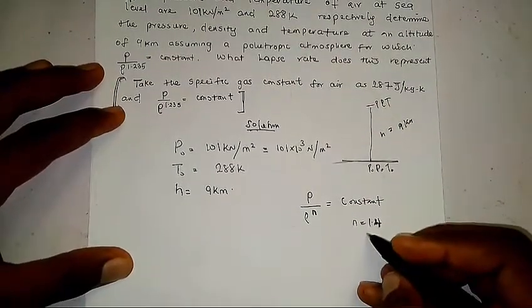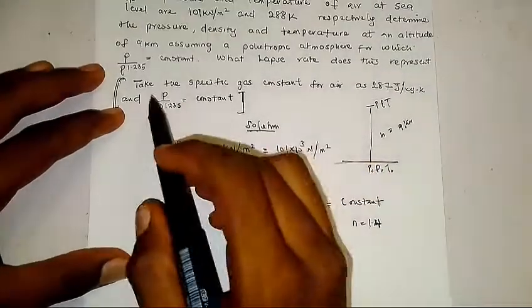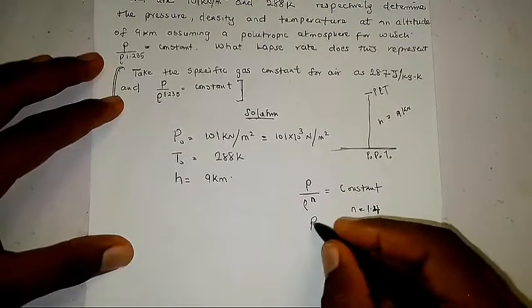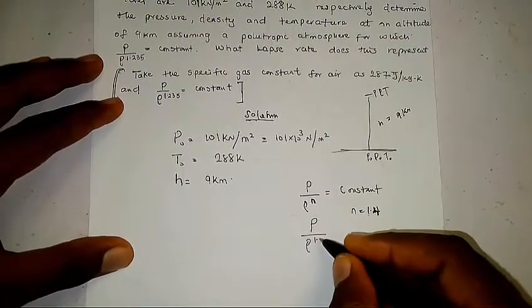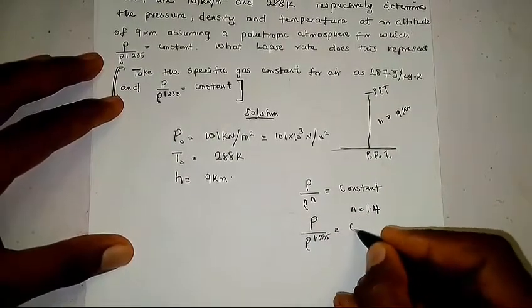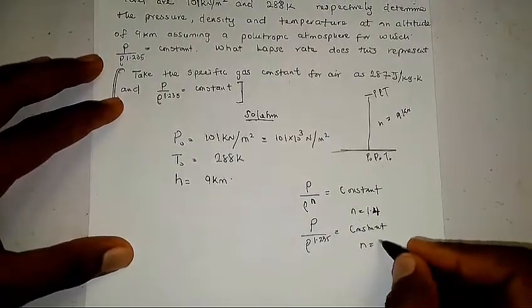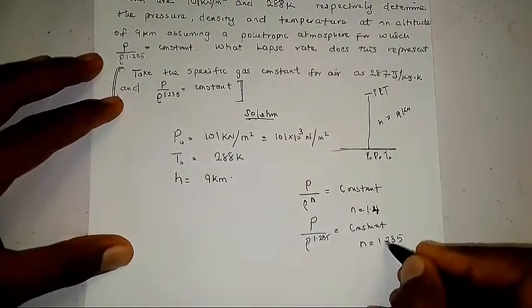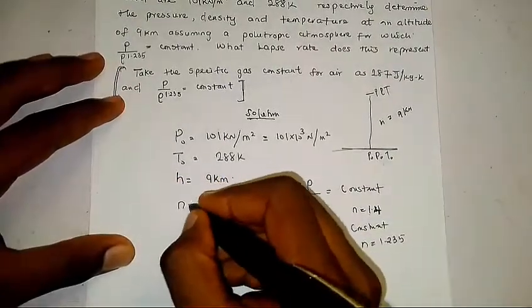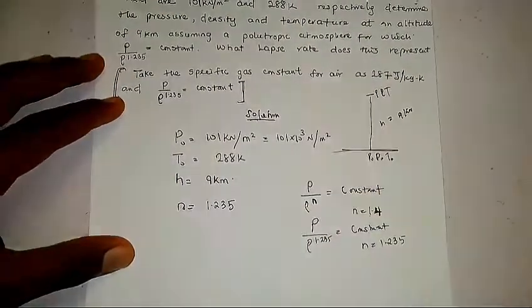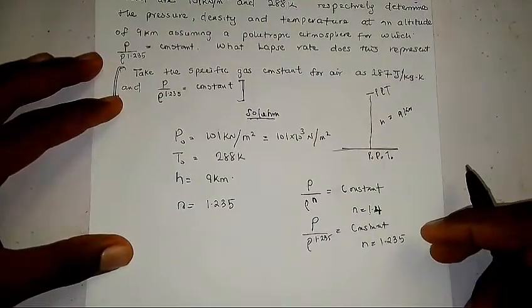Since it's a polytropic process here, what is the n given? If I compare, P over density raised to power 1.235 equals my constant. So the n given to me there is 1.235. So my polytropic constant is 1.235, right? So what else were we given?